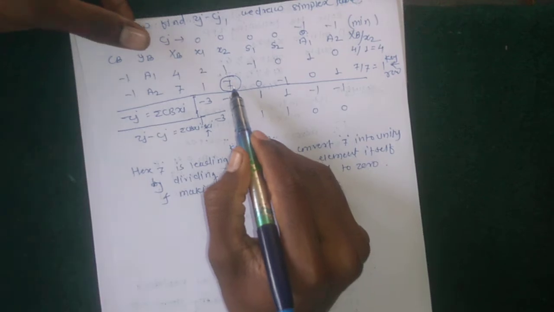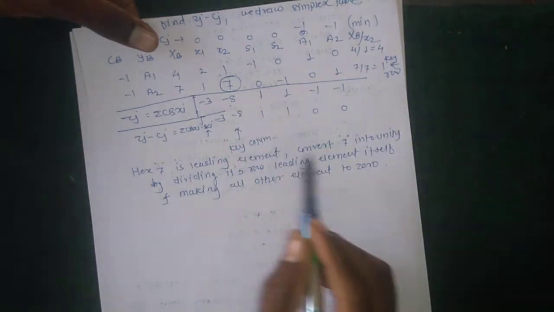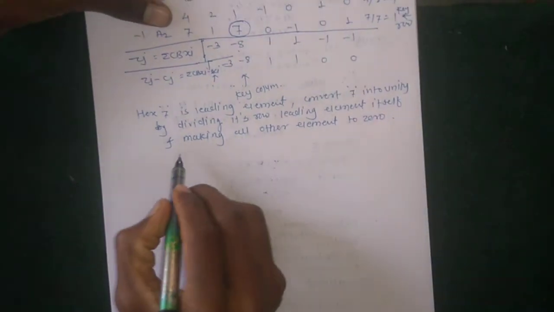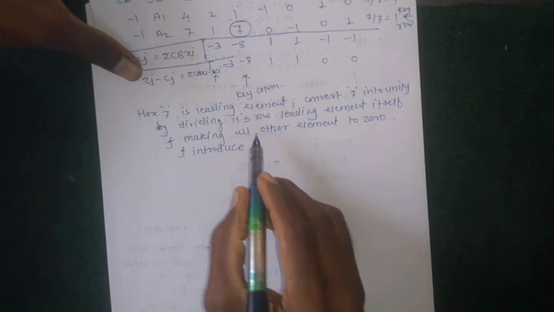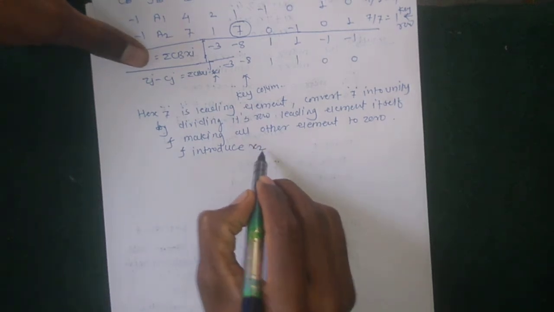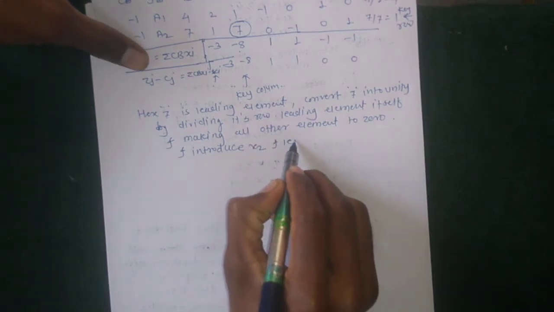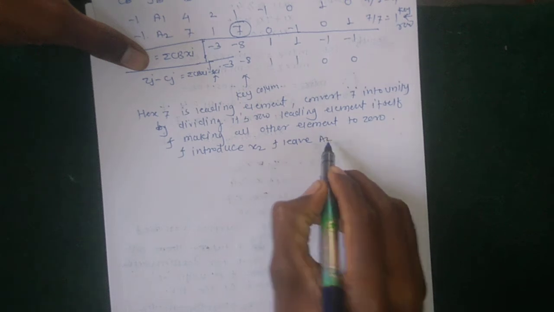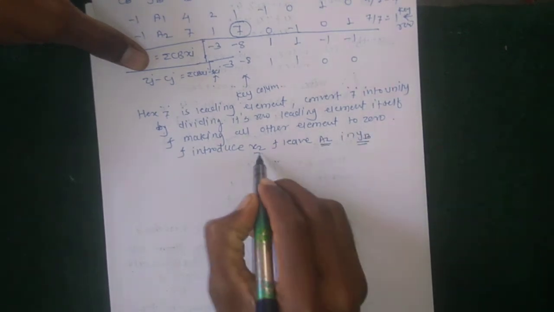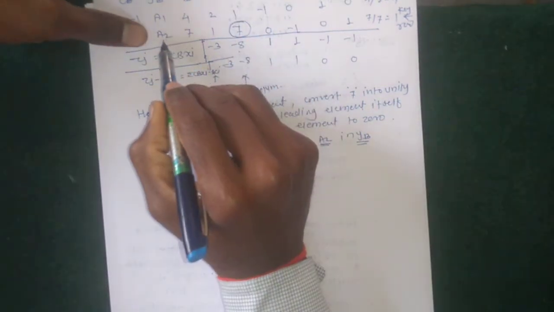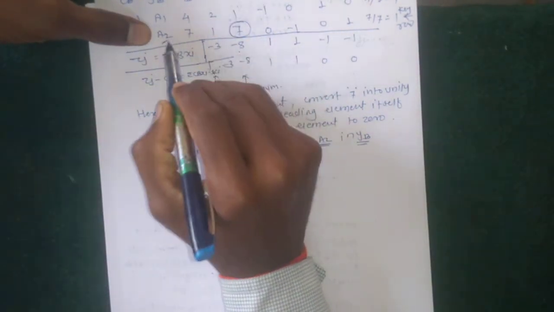Introduce the x2 variable in yb and leave the a2 variable in the basic variable column. This is very important: remove a2 and take x2 in the basic variable column.